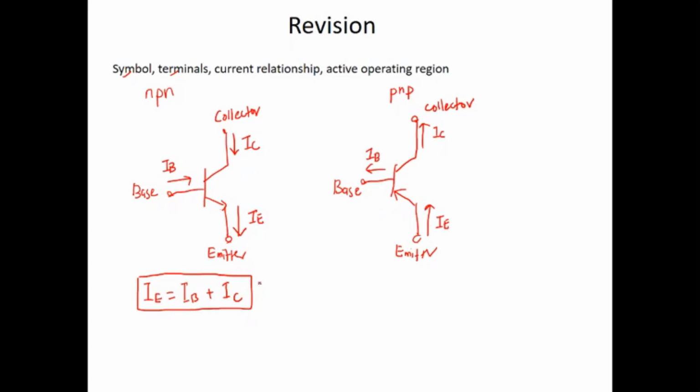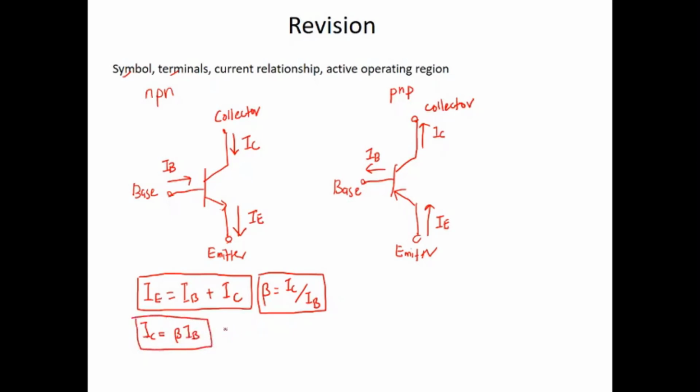But in terms of current relationship, it is the same: IE is equal to IB plus IC. We also have another parameter, beta. Beta is IC over IB. When you have beta, you can relate IC and IB: IC is equal to beta IB.